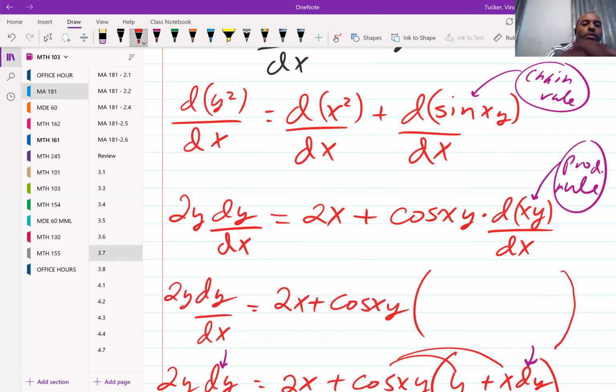So x would be u. So that's u times v prime. So it's dy/dx plus v, which is y, times x prime, which is just 1.